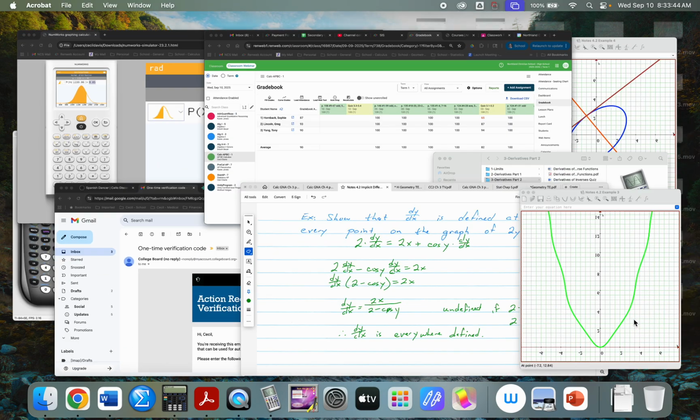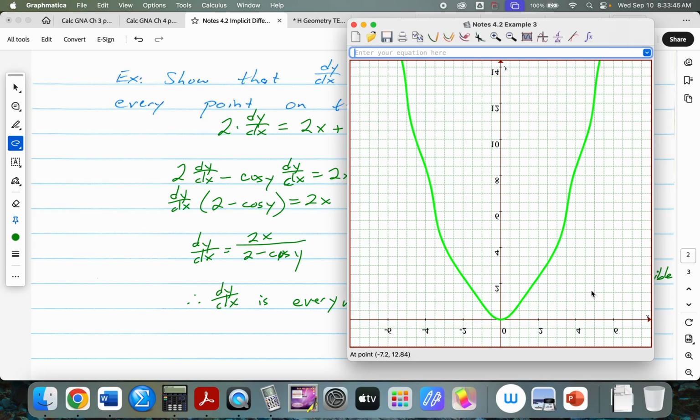The graph for that looks like this. It is a very strange graph. But you think about it, it had a squared term in it, which makes it look kind of like a parabola. It also had a sine in it, which is going to make it wiggle. And you're like, okay, so graphically, down here the derivative is 0. That's not a problem.